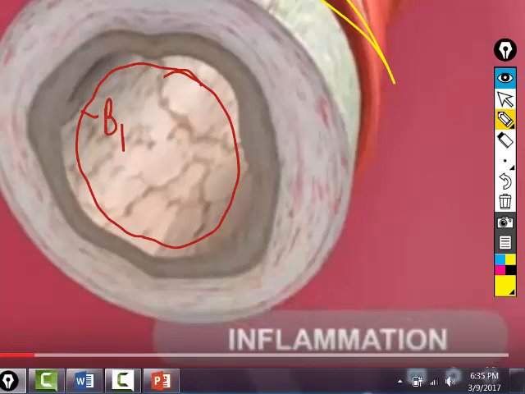When epinephrine binds there, it's going to cause that muscle to relax and the bronchial lumen is going to get bigger. When epinephrine binds to the beta 1 receptors on the blood vessels that line the bronchial lumen, it's going to cause those arteries to constrict. So the blood vessels in the lining constrict, so the lumen gets bigger.